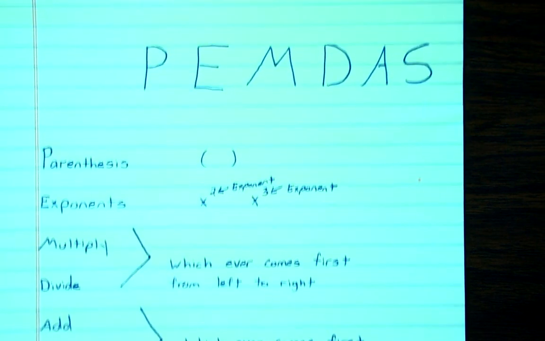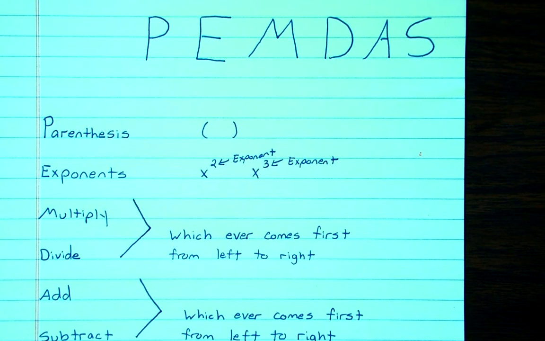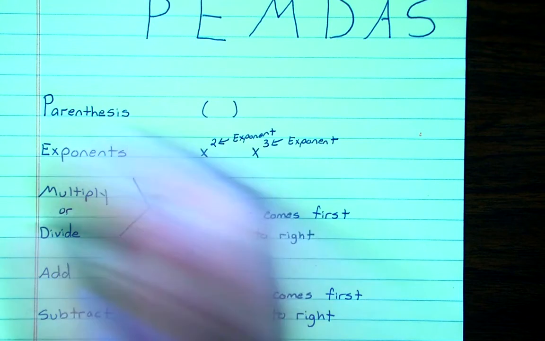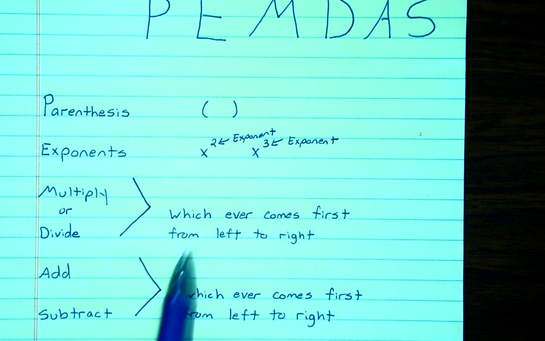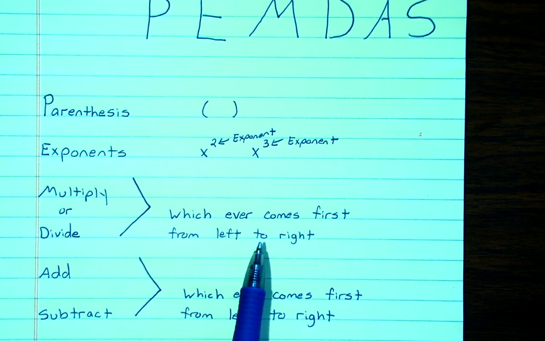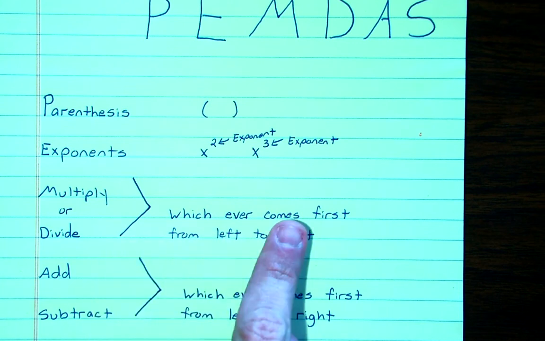The next one says multiply and then divide. Actually, I should say multiply or divide. And notice this, I put whichever comes first from left to right. So just like you read a book, you read from left to right.